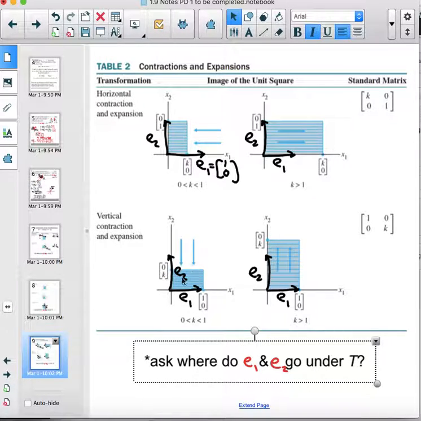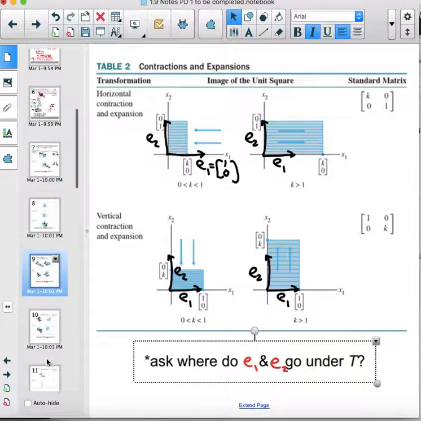Versus if it's a vertical contraction, here E1 stays the same, but E2 is either expanded or contracted. And instead of 0, 1, you stop at 0, K. So this would be the A matrix that you could use to find any transformation of any x.